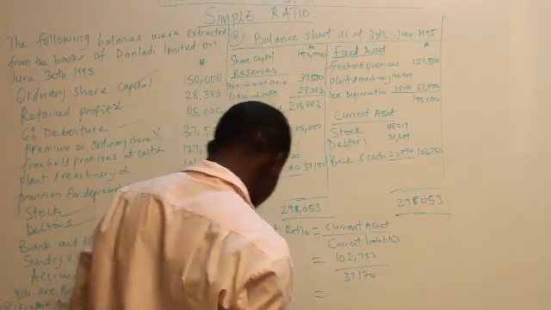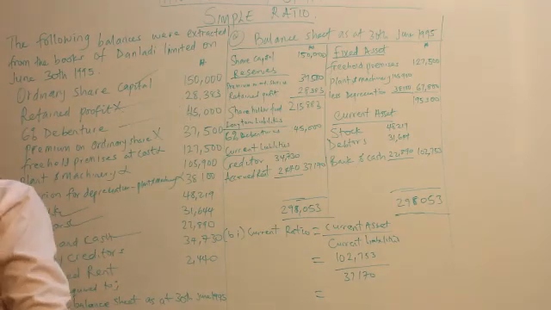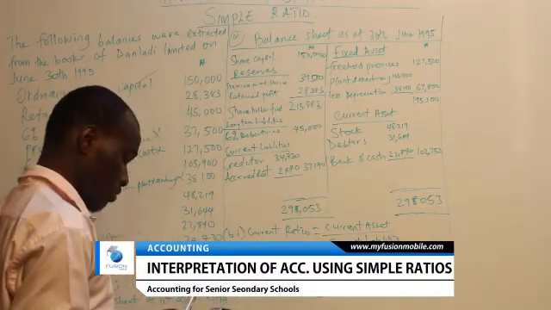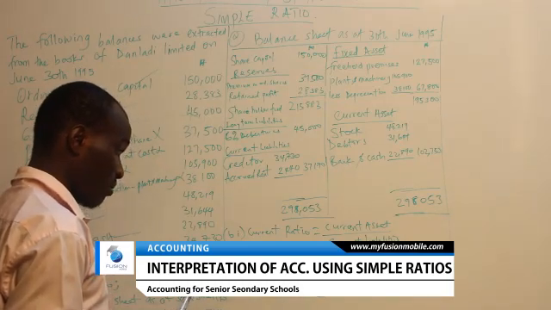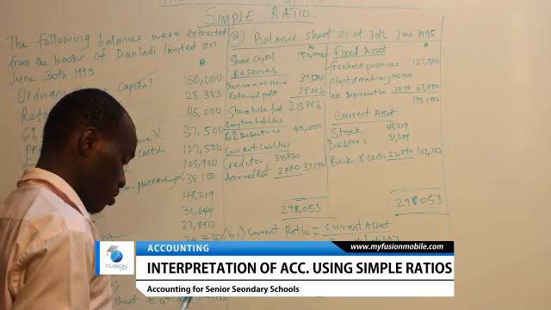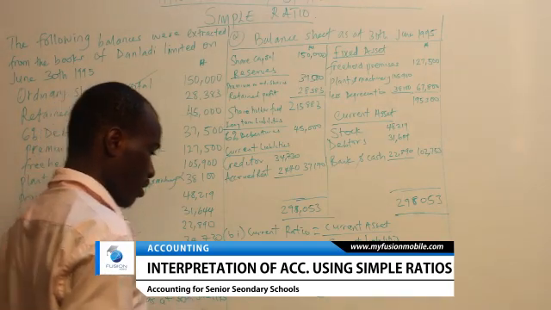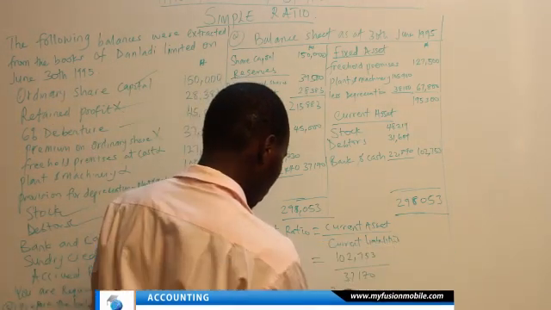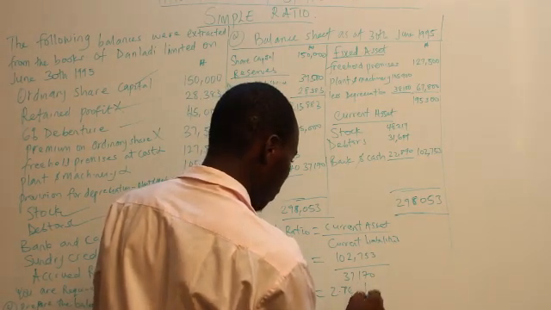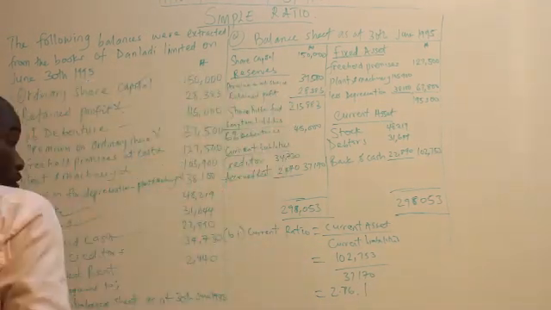So we have 102,753 divided by 37,170. That will give us 2.76 over 1, ratio 1.